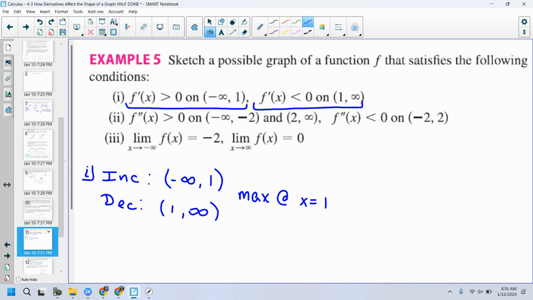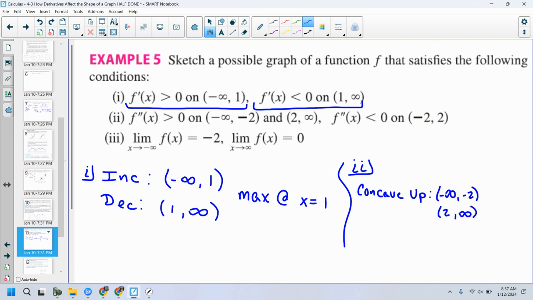Okay, the second bullet point. I believe we've exhausted that first bullet point. The second bullet point says f double prime is positive on the interval from -infinity to -2, and from 2 to infinity. If the double prime is positive, that's concave upward. So it is concave up from -infinity to -2, as well as from 2 to infinity.